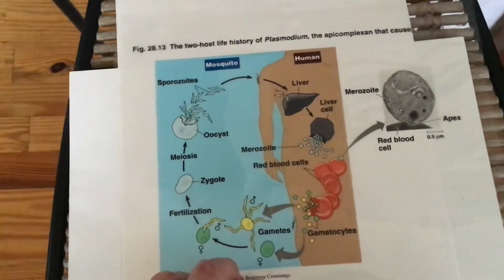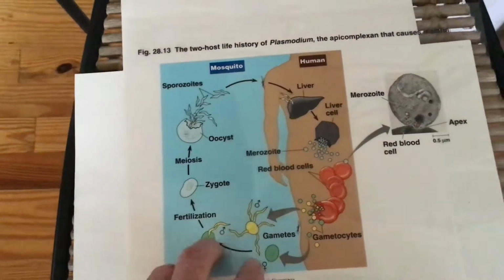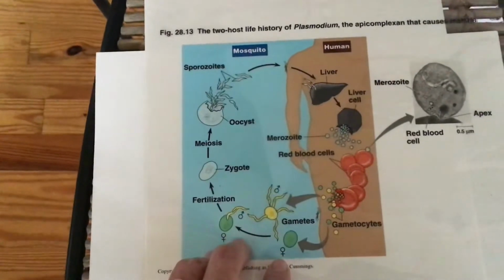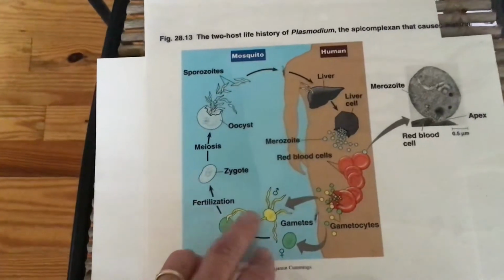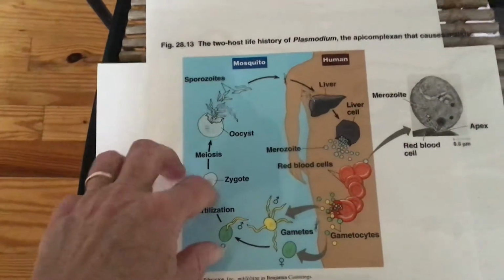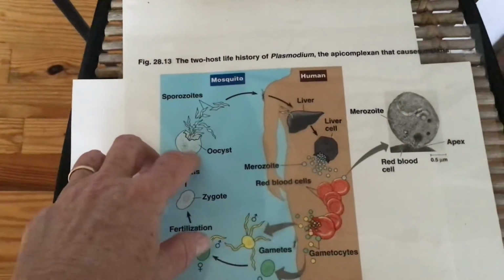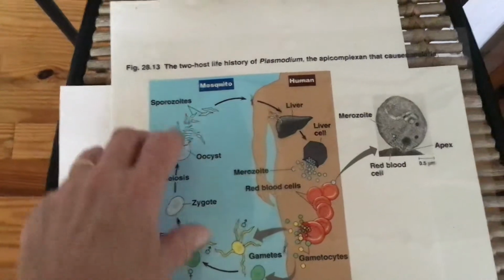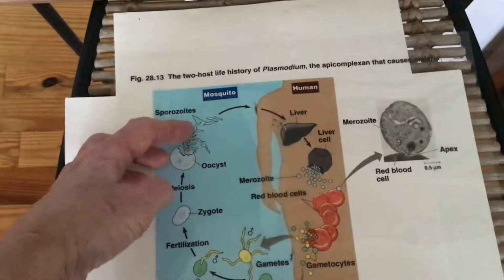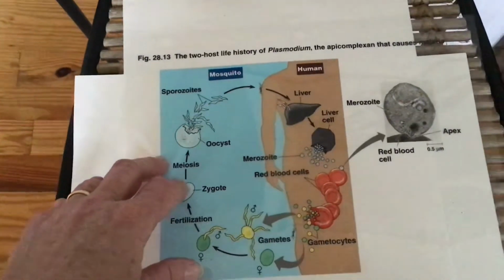These gametes can be male or female, so generally speaking, they will get infected with both. And those male and female will join via fertilization, create a zygote, which will then create this oocyst that produces these sporozoites.